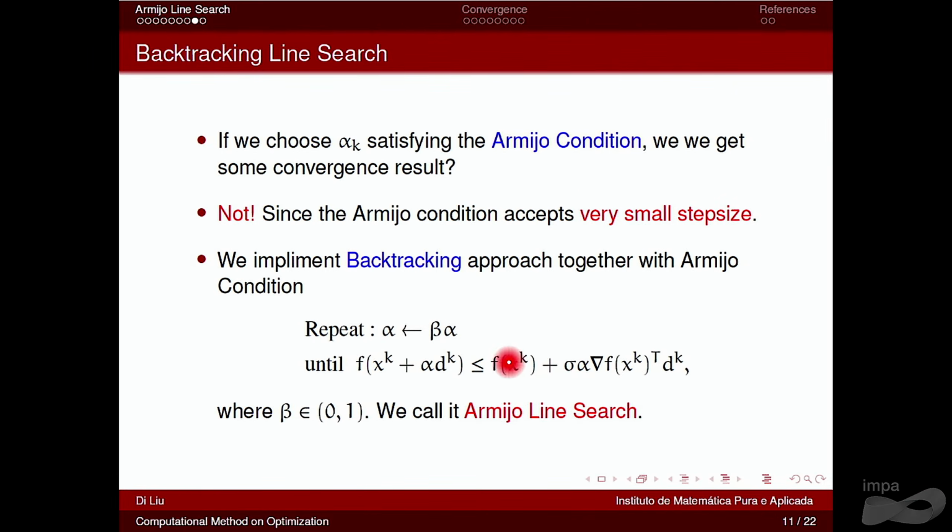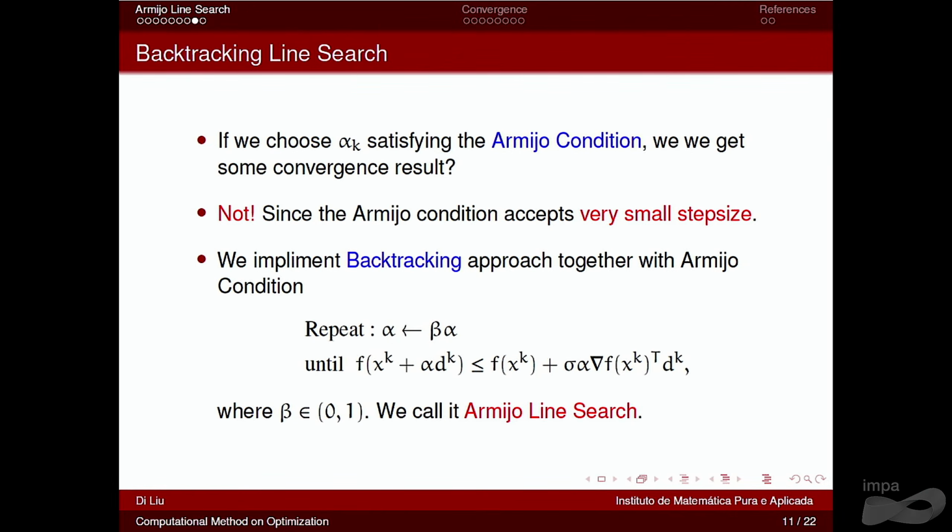If it doesn't satisfy, then you repeat it. You multiply by some beta, which is a constant between 0 and 1, okay? Then your alpha will decrease, become smaller, and then you check this inequality. If it is not satisfied, you do it again until you get the largest alpha which satisfies this inequality, okay?